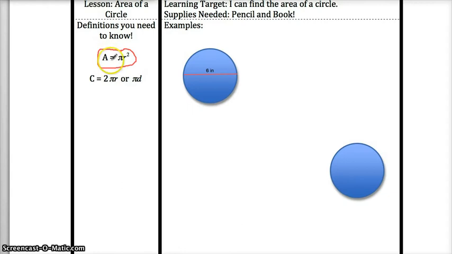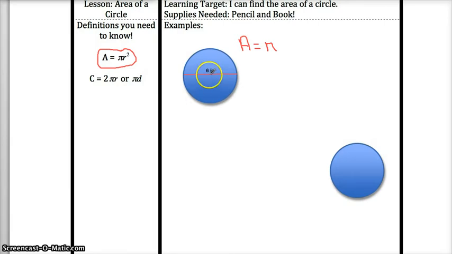I know that the formula for the area of a circle is area equals pi r squared. So right now, I'm going to find my area, and I'm going to say equals pi, which is always 3.14, pi r squared. Okay, so I need my radius. Do I have my radius in this measurement?